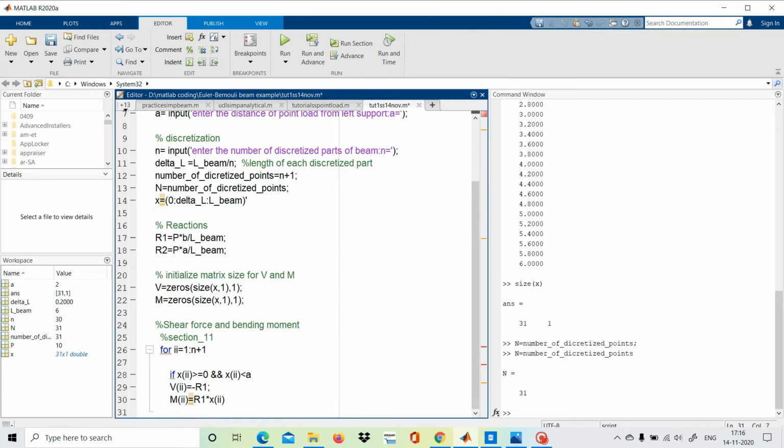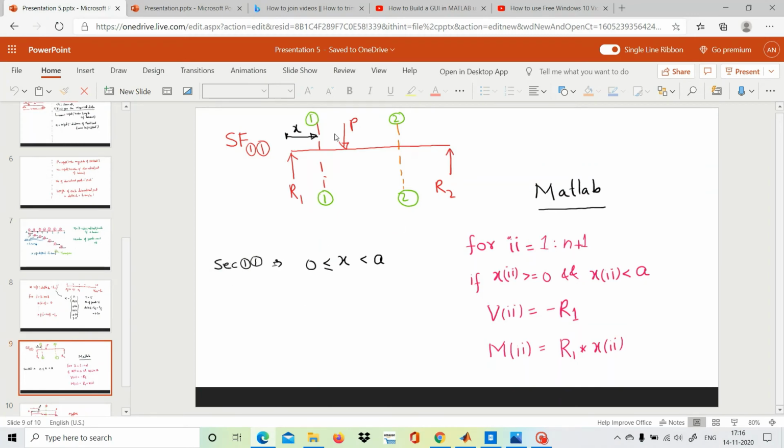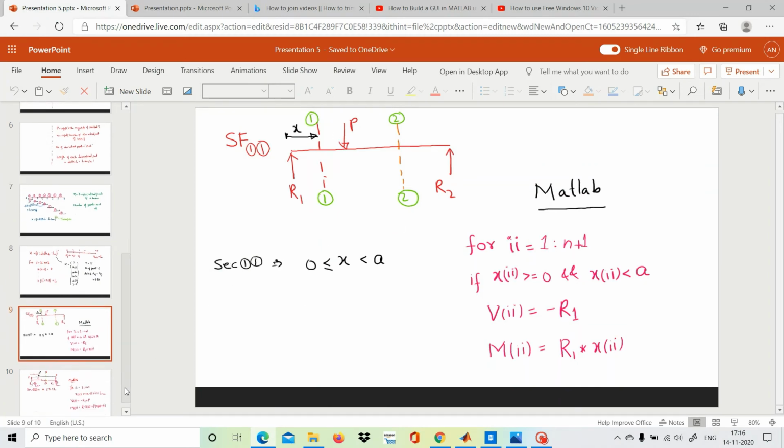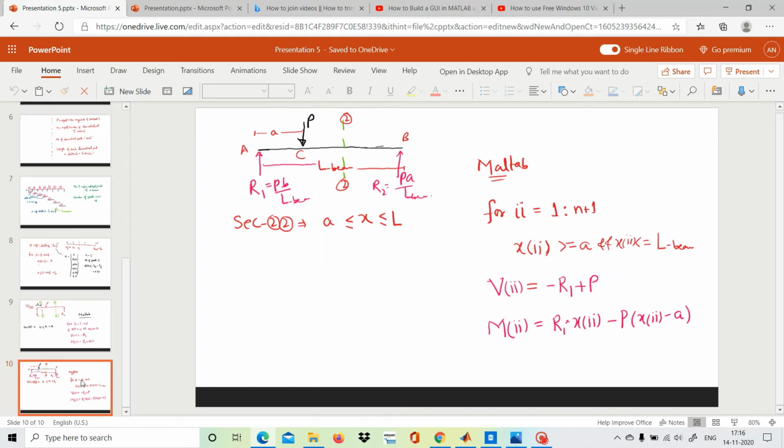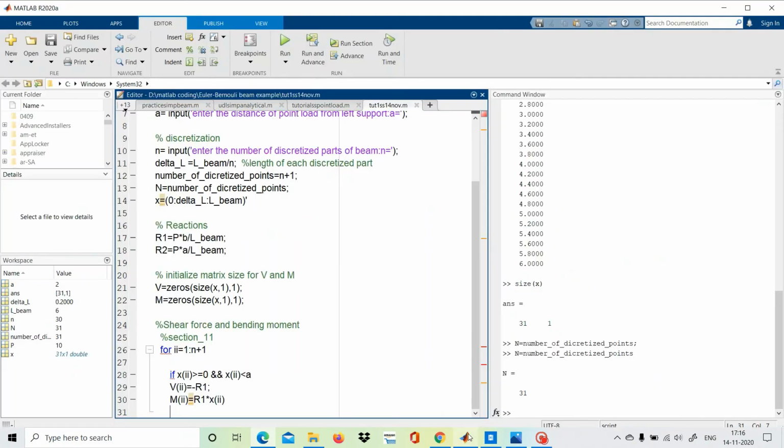Otherwise, if it is not lying in this section, and is lying in section 2, then the criterion is that X is greater than or equal to a and less than L. So in this MATLAB code, because there are only two parts, the first part is given that if it lies in this part, then this would be the value, else we can directly write else.